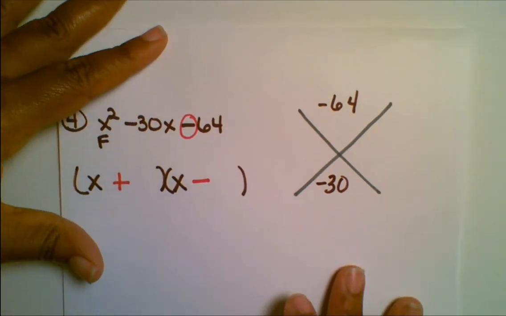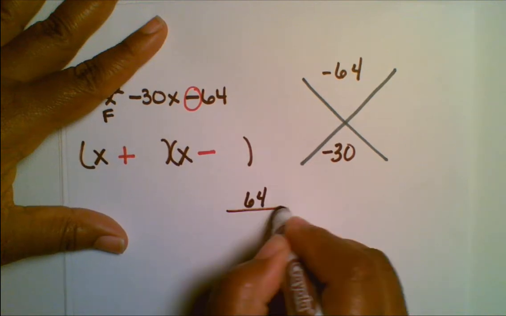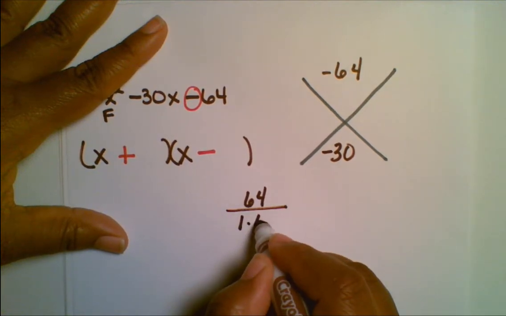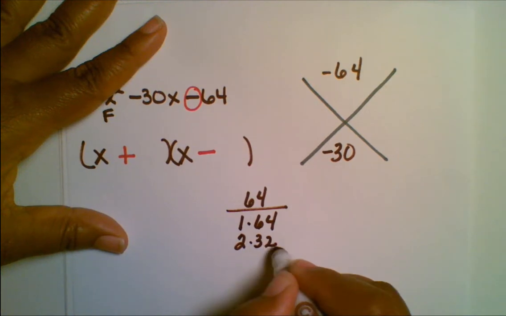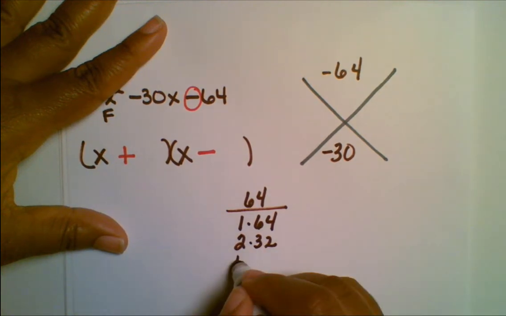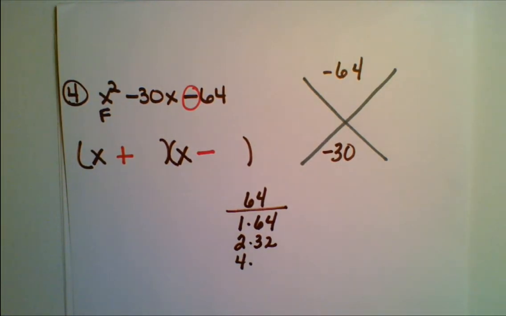So 64, let's look at that. First, let's just look at 64. We have 1 and 64, 2 and 32. We know we have 4 and, let's see, 4 goes into 64 16 times.